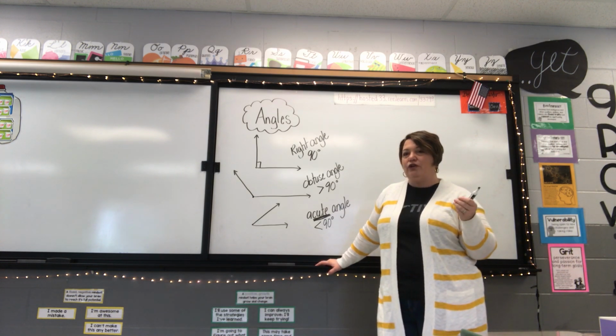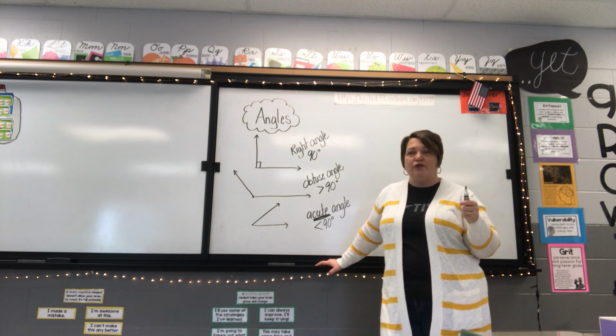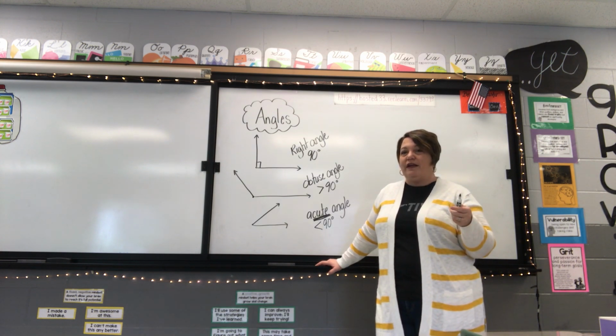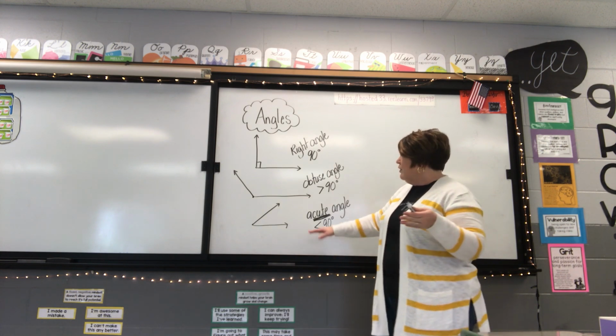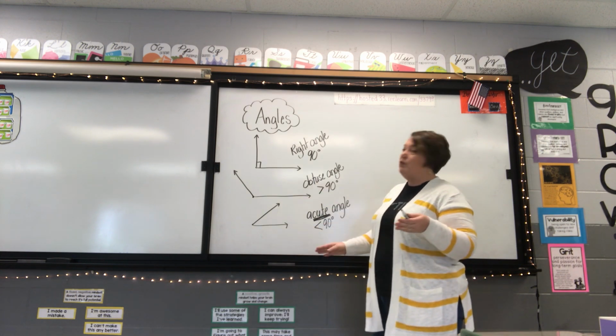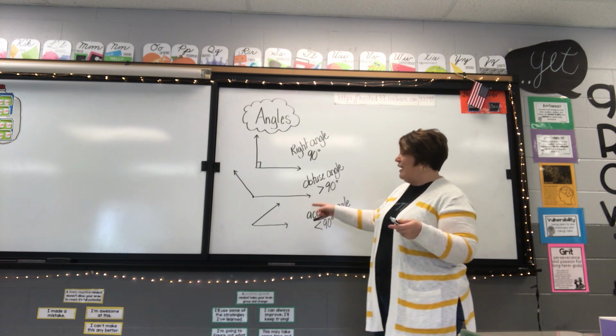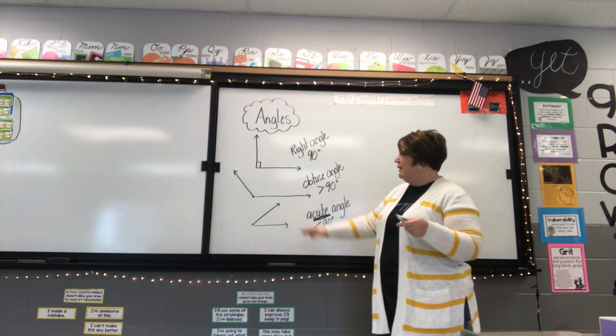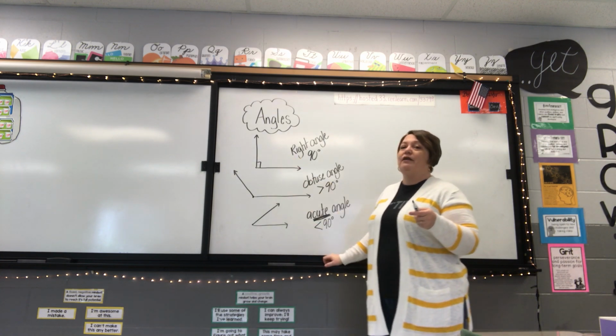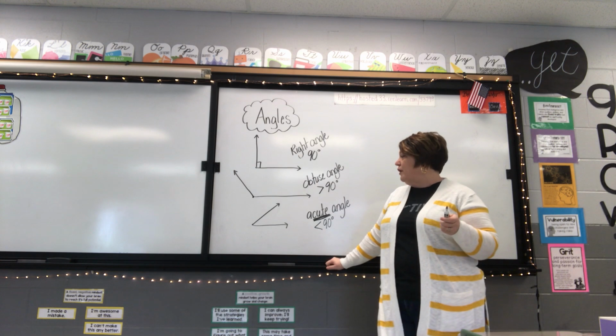Little puppies are cute. Little kittens are cute. Those are all things that I think about when I think of cute, things that are little. So a way to remember the difference between your two angles is an acute angle is a cute little angle. It's smaller than the others that we have mentioned so far.